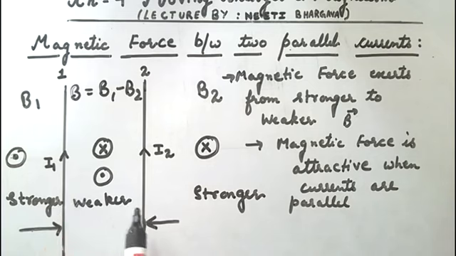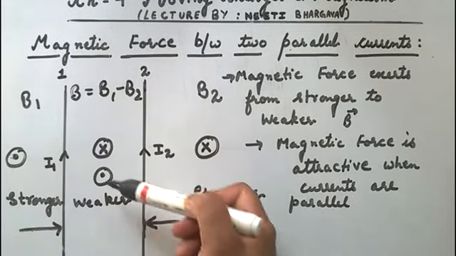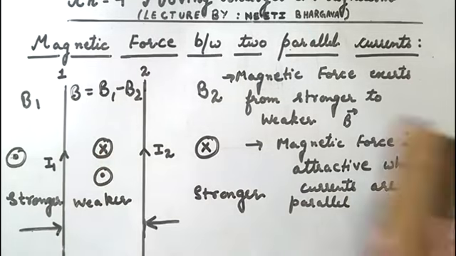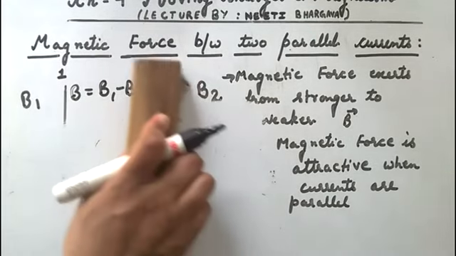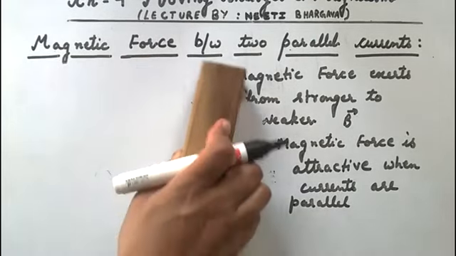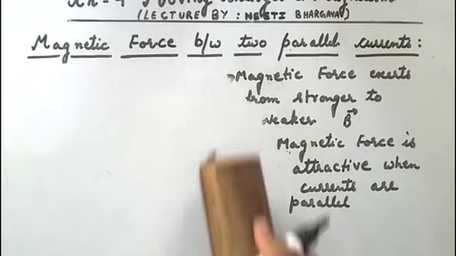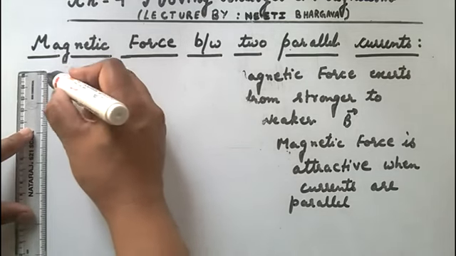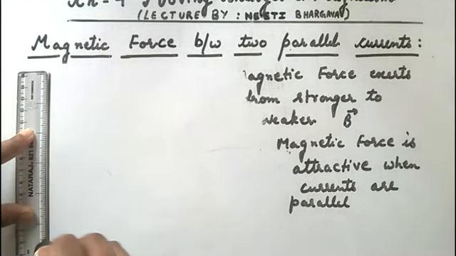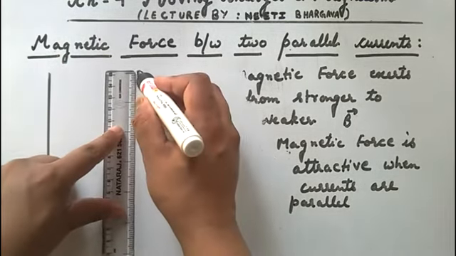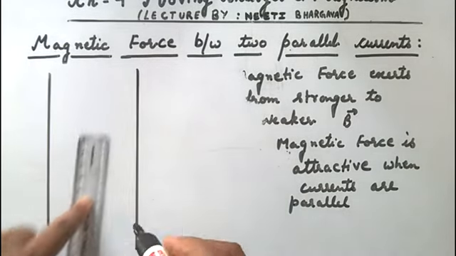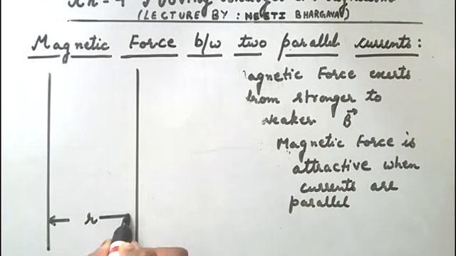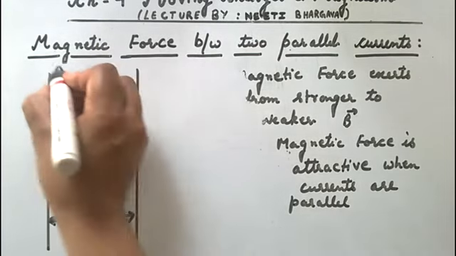Now let's study about when the currents are flowing in anti-parallel direction. The two wires are placed r distance apart.